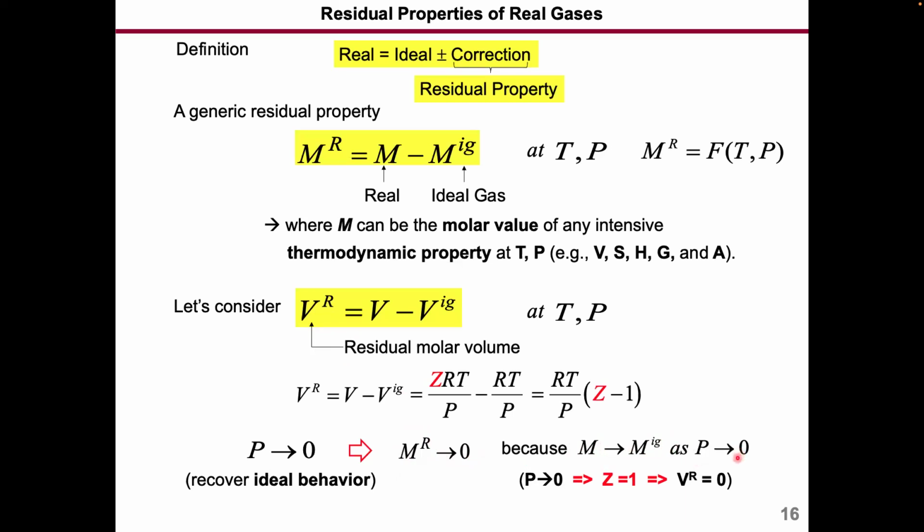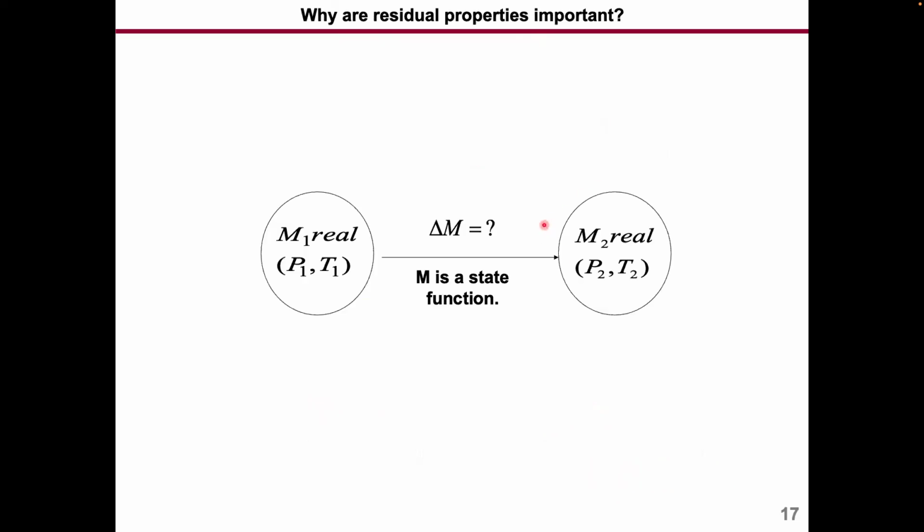And all real gases behave like an ideal gas at low pressure. By low pressure, we are talking about 1 atm, less than 1 atm. Certainly, you can assume they are low pressure, or ideal gas behavior. Ideal gas behavior, Z equal to 1, again VR is equal to 0. So when the real gas behaves like an ideal gas, you don't have any residual property or any deviation from the ideal gas.